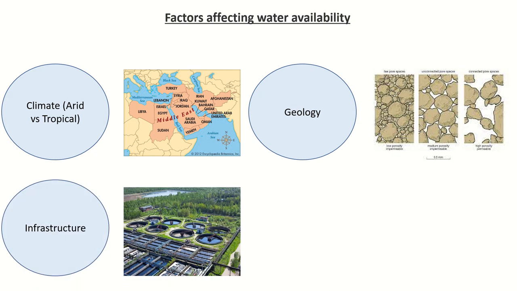The Congo in Africa, the Democratic Republic of Congo, the DRC, has one of the wettest climates in the world. In fact, it receives significantly more water than the UK does. However, it is significantly more water insecure. Why is that? Well, they lack the infrastructure for sanitation, for example.